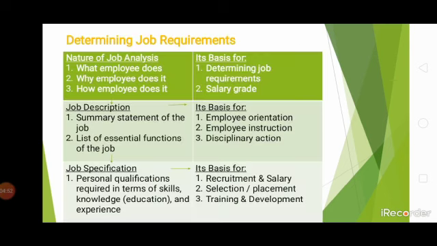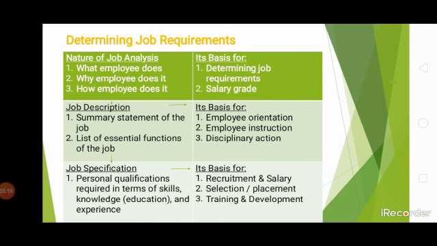Next, we are going to see about determining job requirements. First, we are going to see about the nature of job analysis. Nature of job analysis means what the employee does, why the employee does it, how the employee does it. So you have to know the answer to these three things.